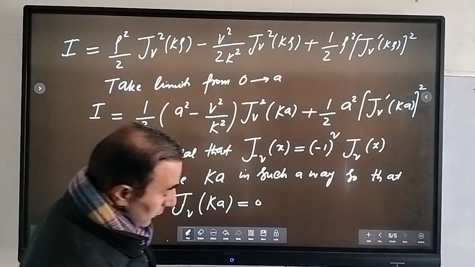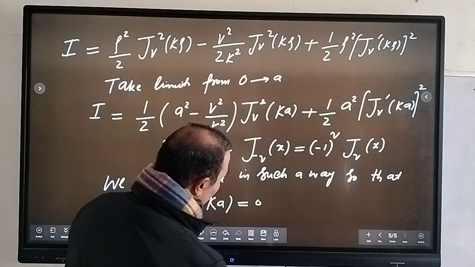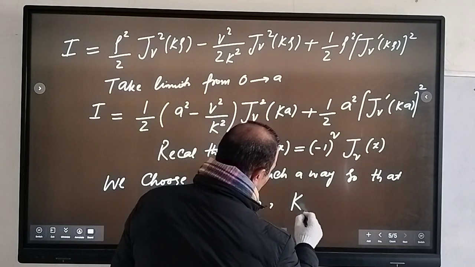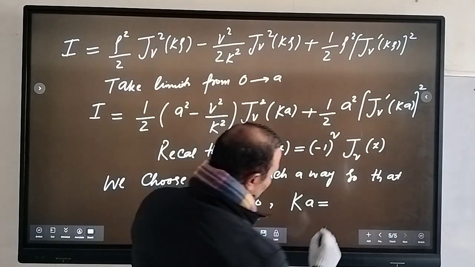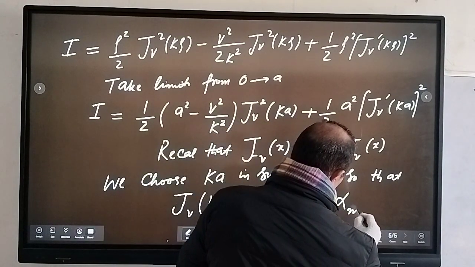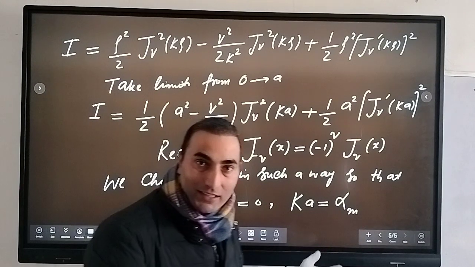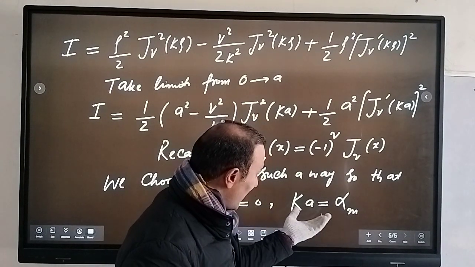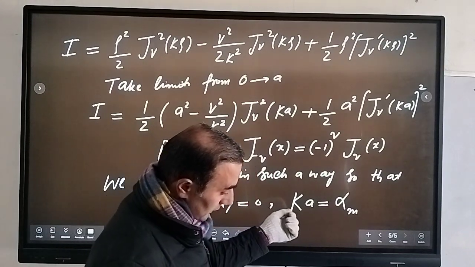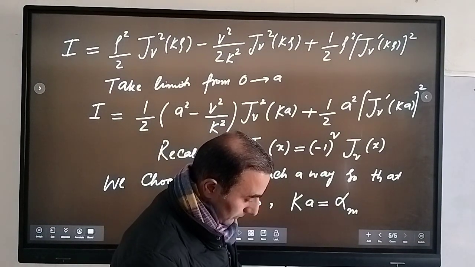So if you write the nth root for this, k will be equal to some alpha n. This is the nth root, because k is already the root of this special differential equation.